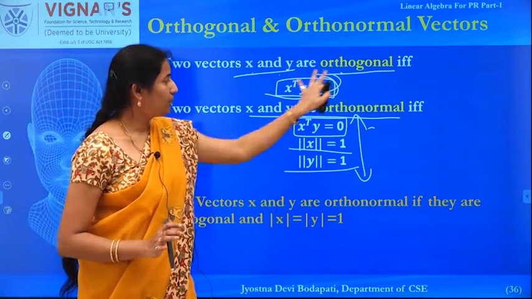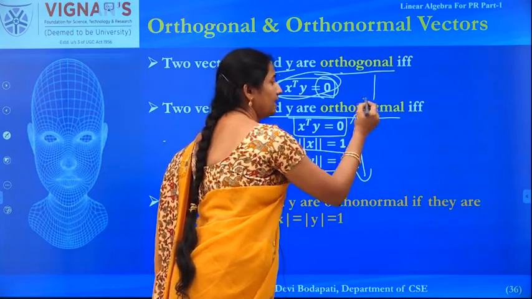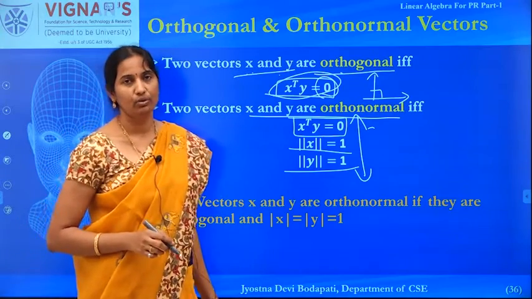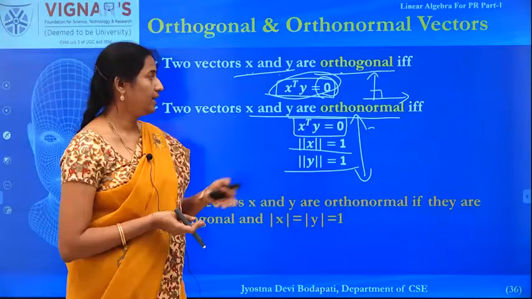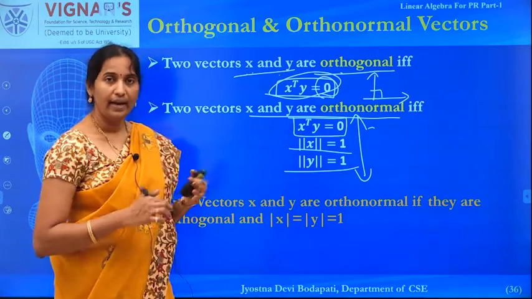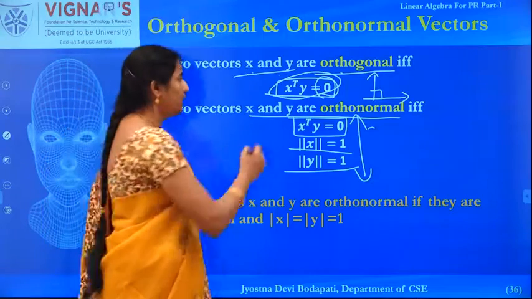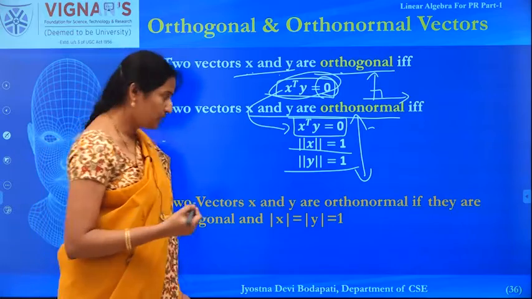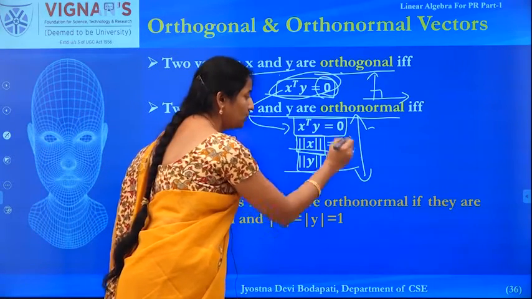If the inner product between the two vectors is 0, or simply the vectors are orthogonal to each other, that is, if you apply cos theta to identify the angle between the two vectors, it is 90 degrees, then you can call them orthogonal vectors. For the vectors to become orthonormal vectors, in addition to this property, that is x transpose y equal to 0, the inner product being 0, the individual norm of each vector must be equal to 1.